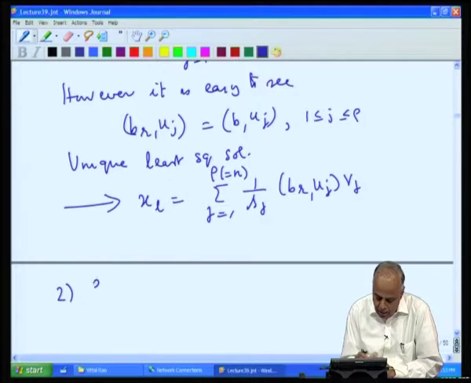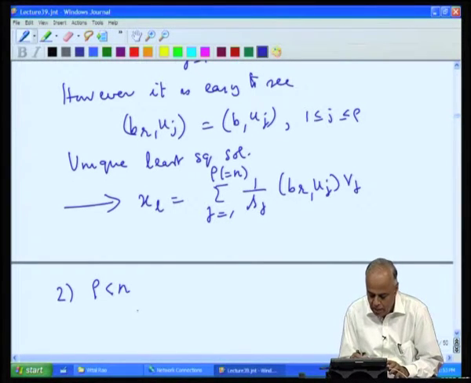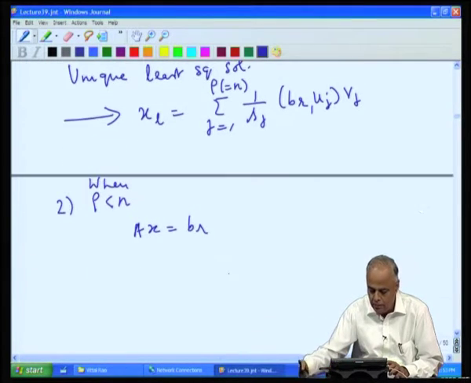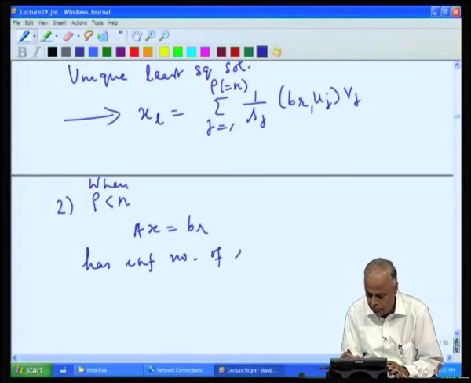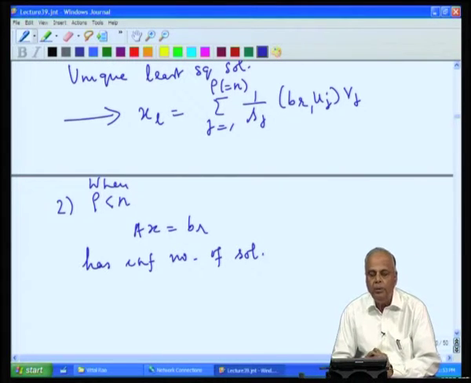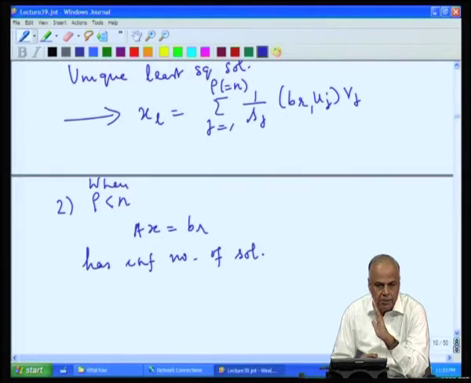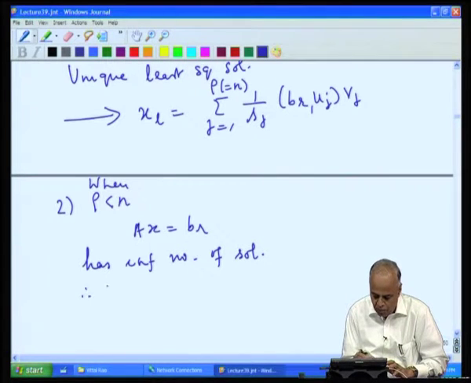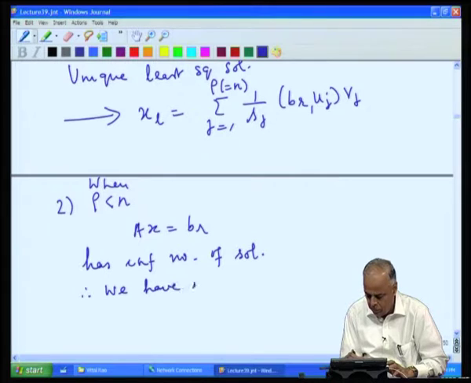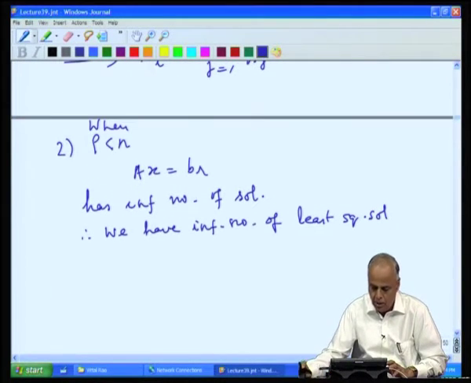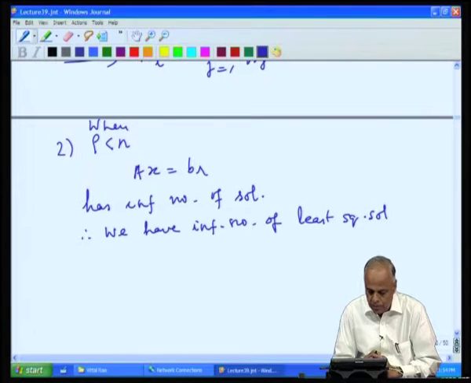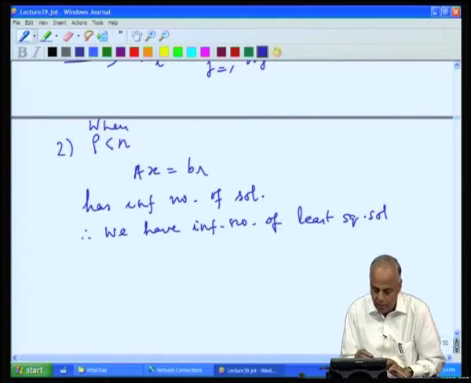On the other hand, when rho is less than n, Ax equal to b_r has an infinite number of solutions, but any solution of this Ax equal to b_r is called a least square solution. Therefore, we have an infinite number of least square solutions. What are they?